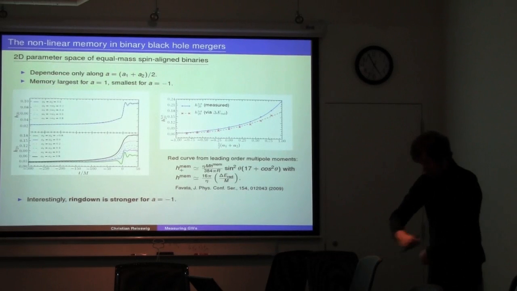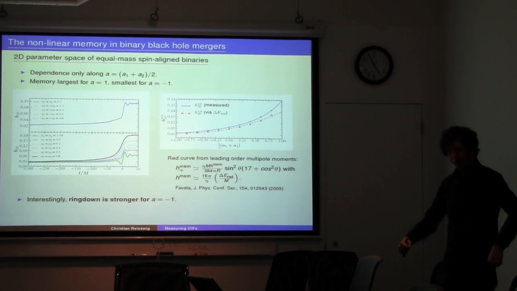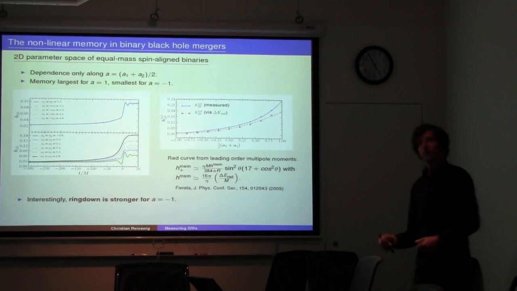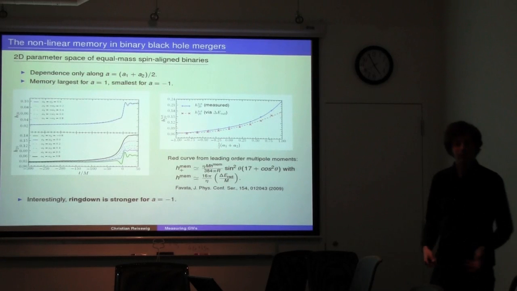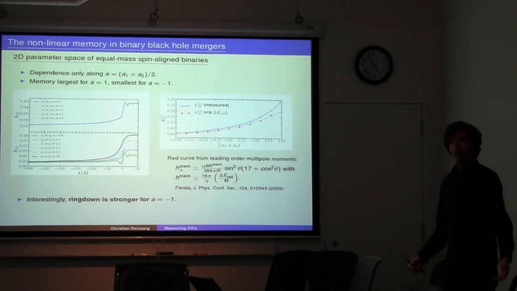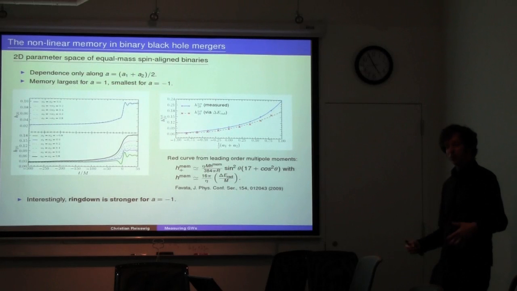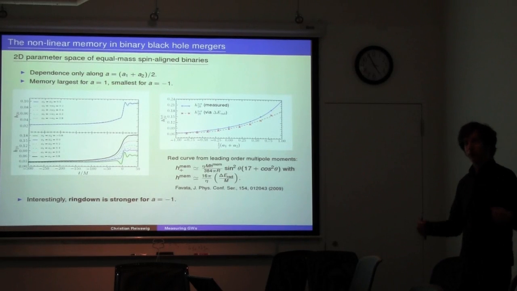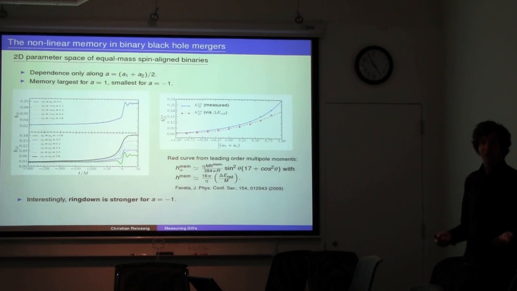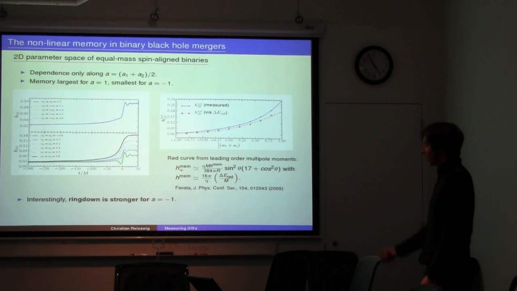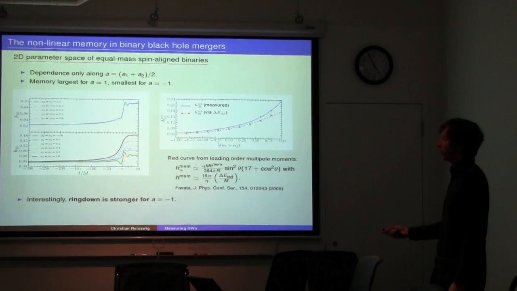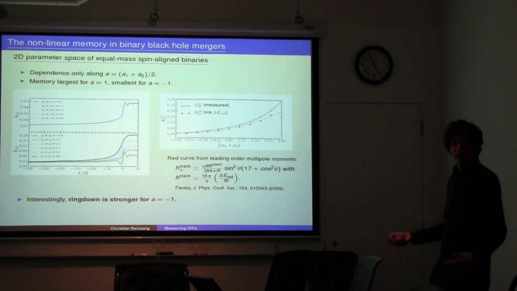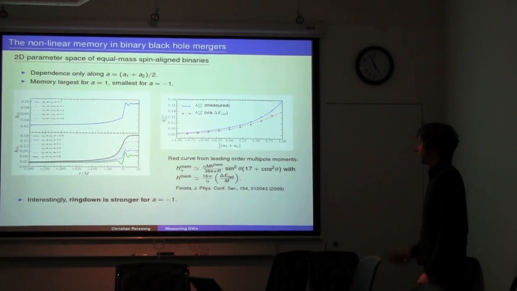But this means that the speed up means that the radial motion is relatively larger compared to the tangential motion, which is closer to a head-on collision in some sense. And for head-on collisions, we know that the L2 M0 mode is very large. And this would explain why the ring down is excited much more in these particular cases.